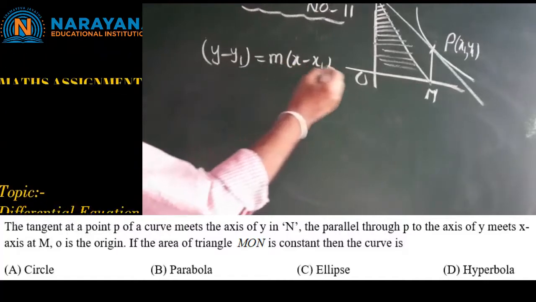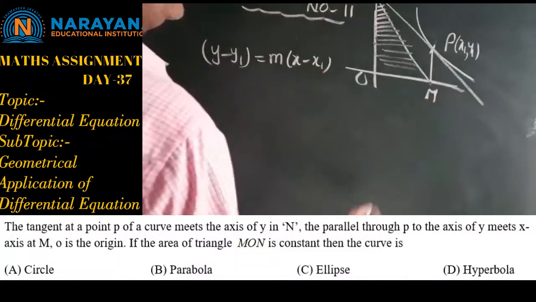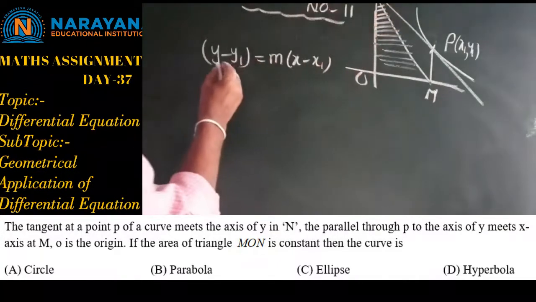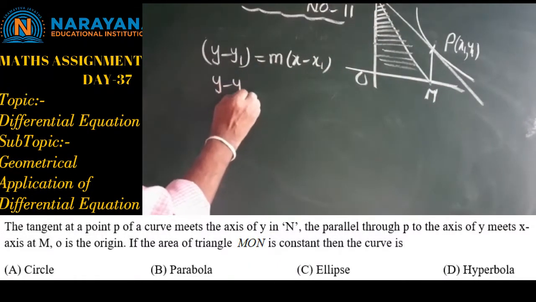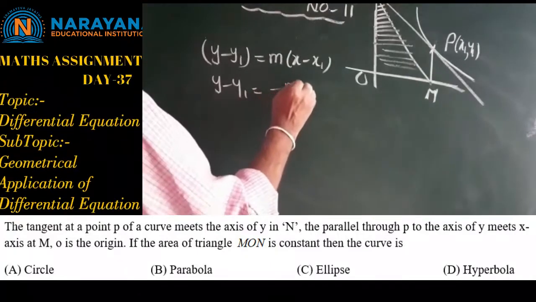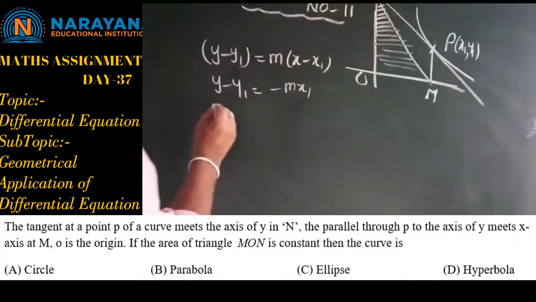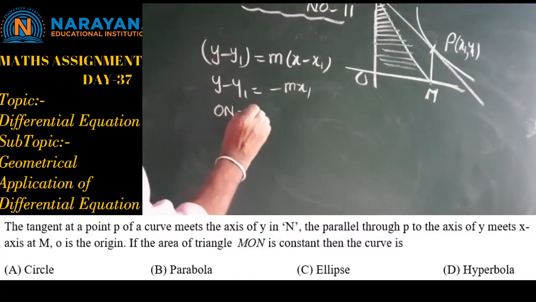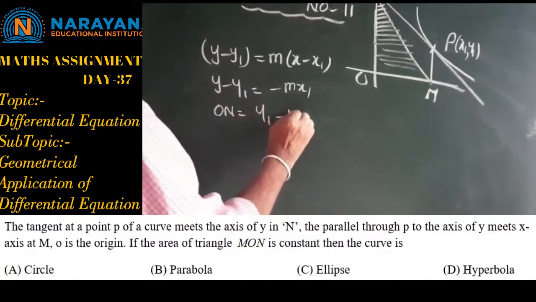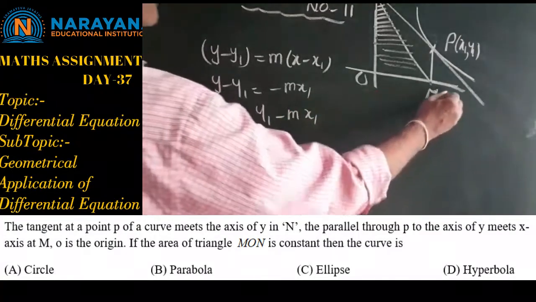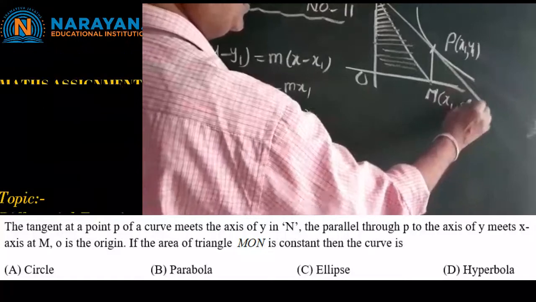Because we want to know the coordinates of N, I am going to put x equal to 0 there. So y minus y1 is equal to minus m into x1. That means the ON distance can be written as y1 minus m into x1. M is given by x1 comma 0.